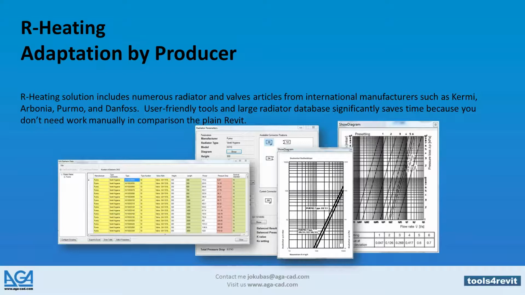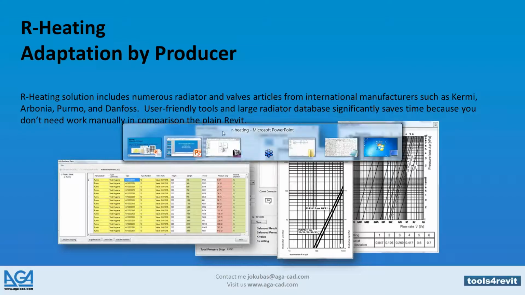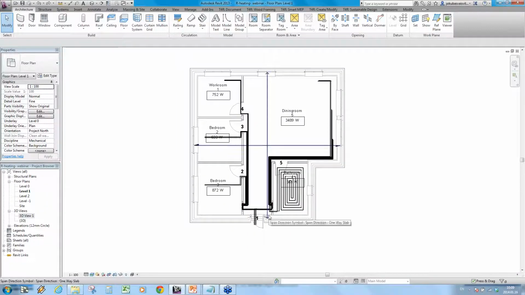This solution has more than 10,000 radiator families from Abromia, Purmo, and Kermi. So let's go into the Revit project. Here I have a simple Revit project that I will use to show our solution.